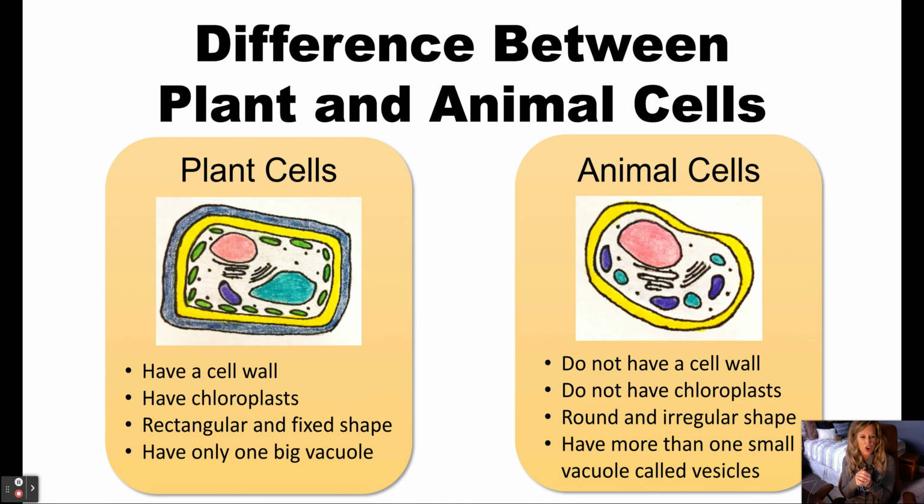If you think of a nerve cell, it's got spiky things all over it versus a cell that might be in your heart. So different irregular shapes. And we do not just have one big vacuole like plant cells have. We have smaller vacuoles, or smaller storage tanks, and we call those vesicles.